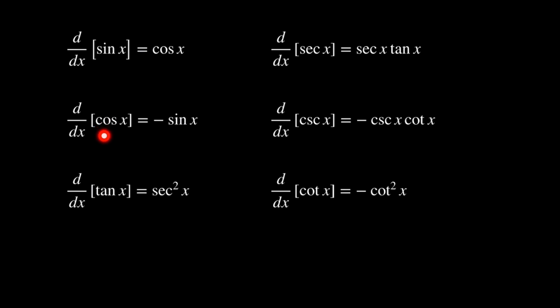All of the trig functions that are cos, like cosine, cosecant, cotangent, have negative derivatives. And the derivative of secant and cosecant are pretty similar, just the cofunctions. And then the derivative of tangent and cotangent are pretty similar. One is a secant squared, the other has a cotangent squared and is negative.